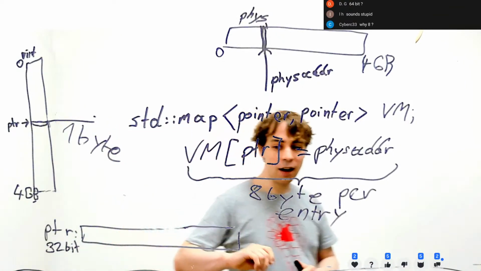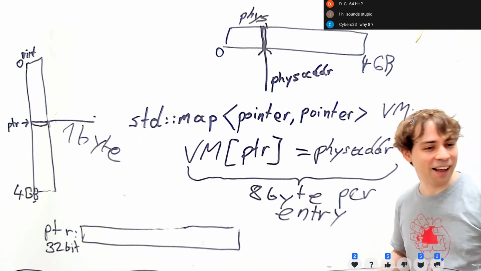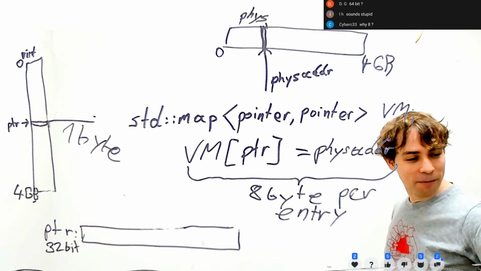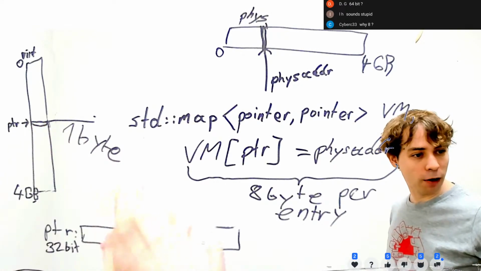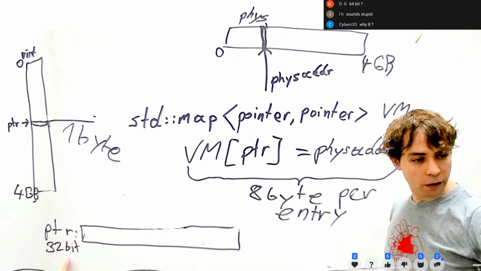There's a question in the chat: why 8? I think I got the tutors back here. So we have the 1 byte here. This is the 1 byte in our virtual memory. We want to map this to 1 byte here in the physical memory. The pointer is 32 bits.